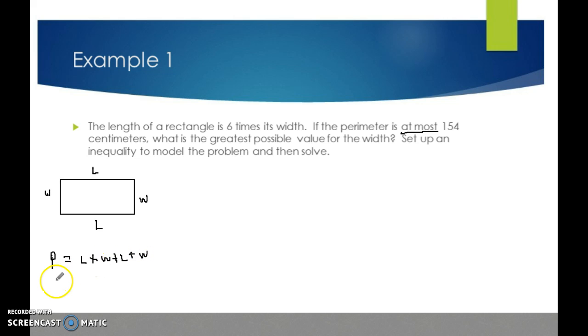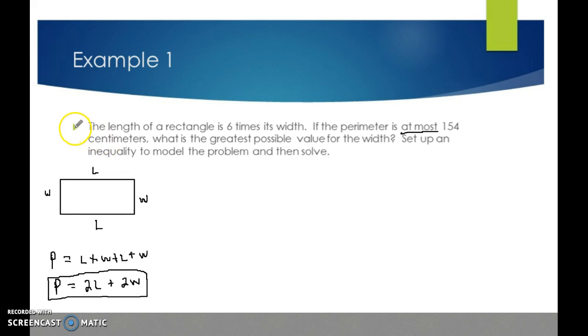This can be simplified into a similar equation where you have 2 lengths added to 2 widths. This is how your inequality is going to be modeled. It's going to look similar to this, where we've got 2 times the length and 2 times the width. That's what our perimeter is going to equal.